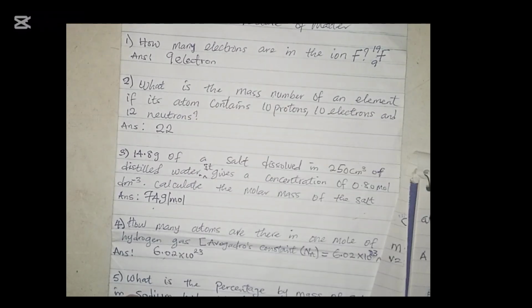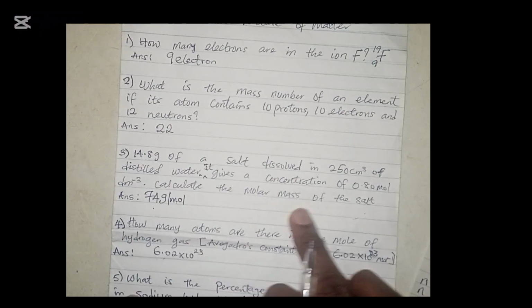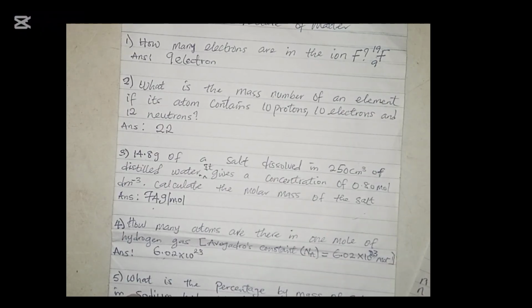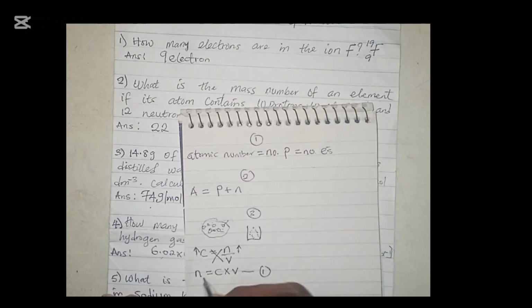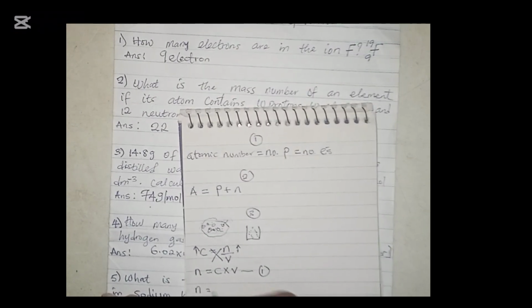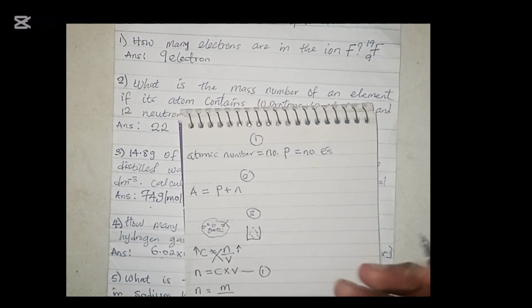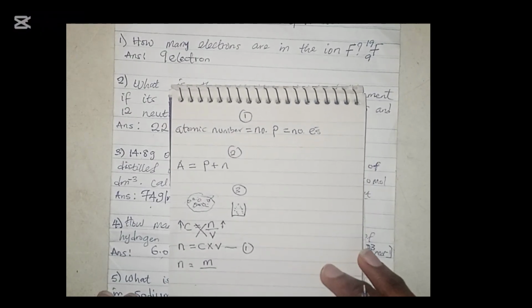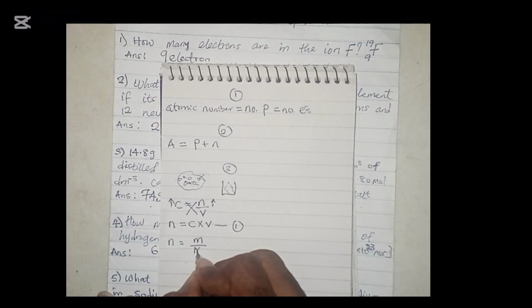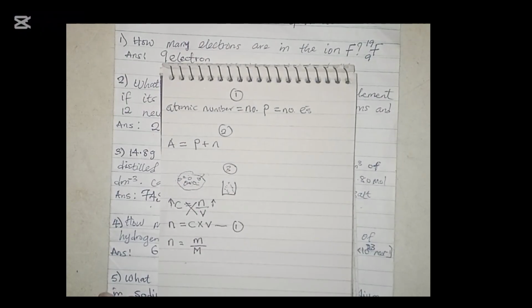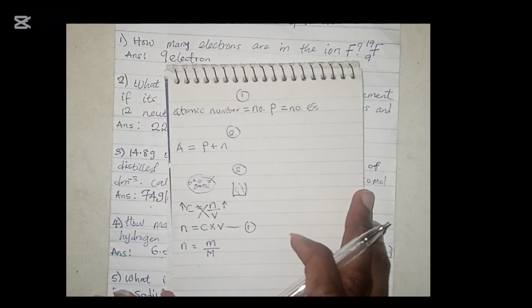Now, coming to this place, we are asked to calculate the molar mass of the salt, not the number of moles. Yes, number of moles is equal to mass all over your relative molecular mass when you are dealing with a compound, or you can say your molar mass. We're using molar mass in this case.